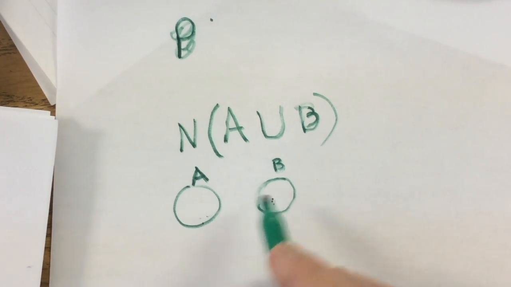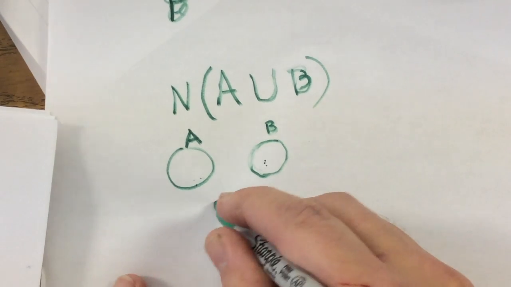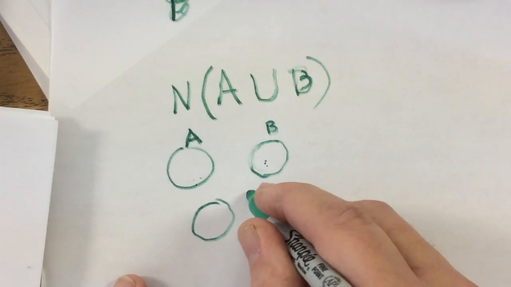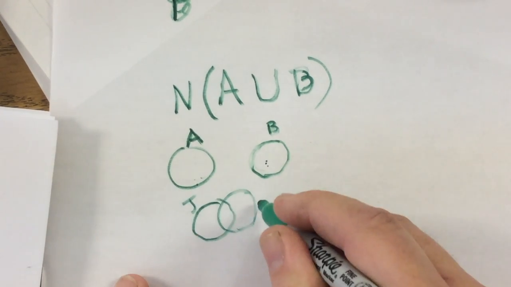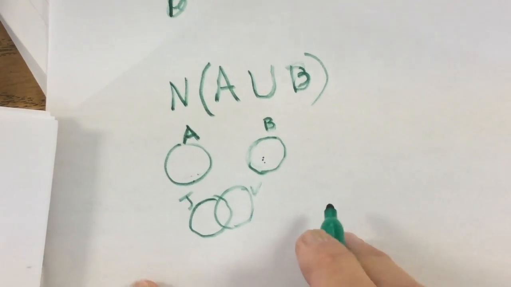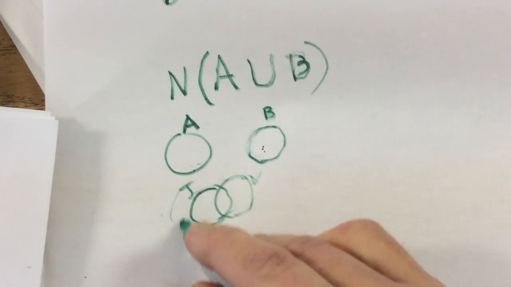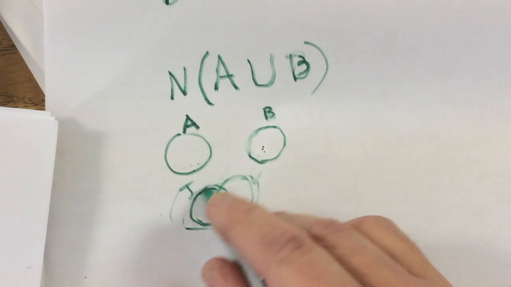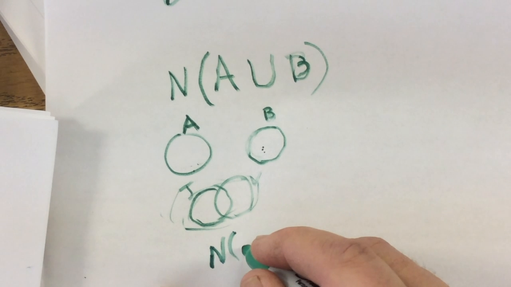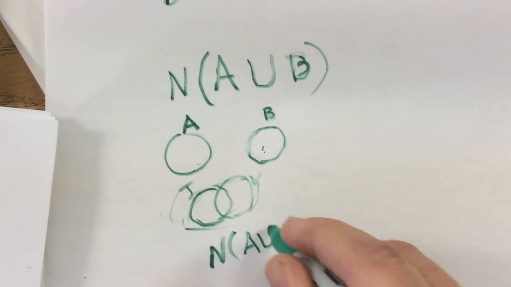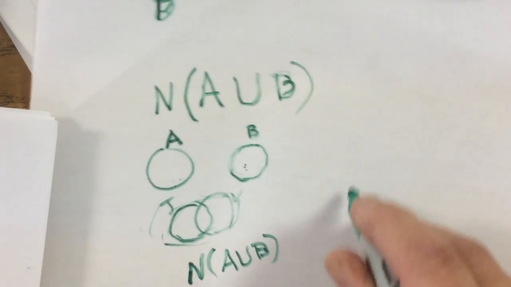There's no overlap here. When we were working before with the total number of people who had jobs or did volunteer work, if I wanted the total number of people in this union, right?